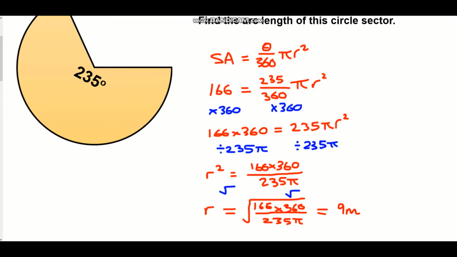Okay, so now that I've got my radius, I want to go back and actually answer the question. I've been told to find the arc length of this circle sector. So I'm going to take a new space. I'm going to write down my arc length formula. Arc length is equal to angle over 360 pi d.